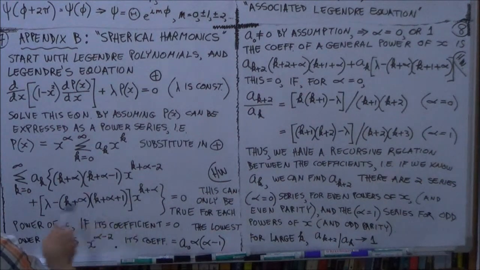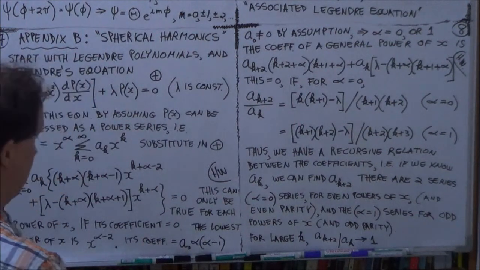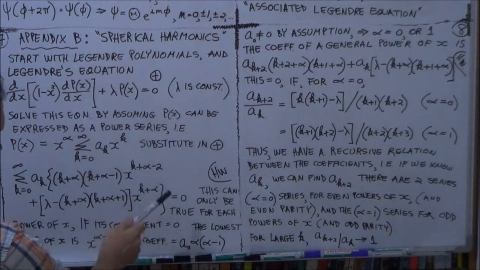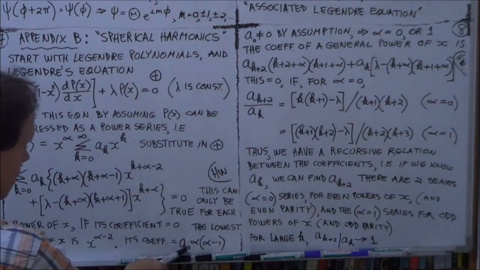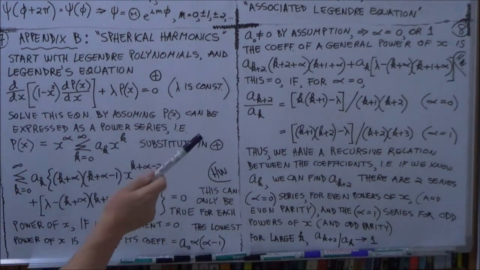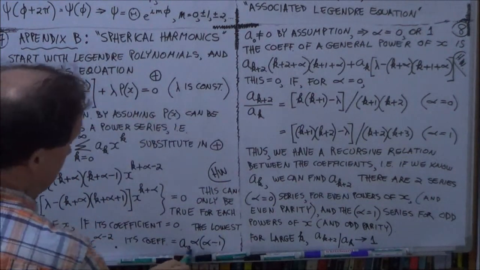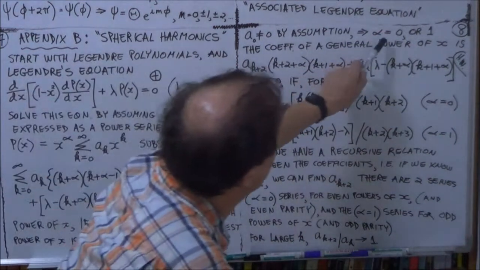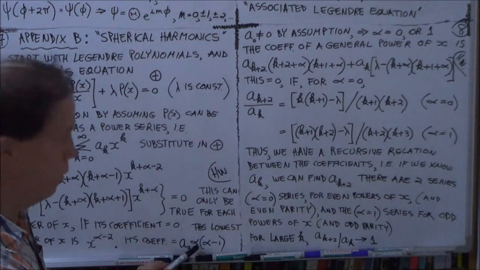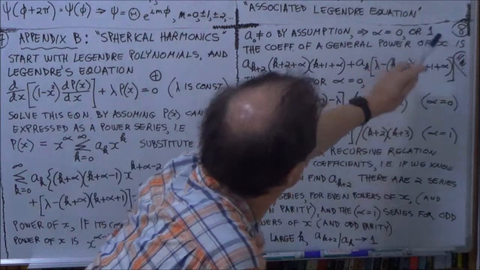So the coefficient of each power of x must be 0, and that includes the smallest power, alpha minus 2. So its coefficient, a naught alpha times alpha minus 1, must be 0. And that implies that either alpha is 0 or alpha is 1. So we know that alpha is 0 or 1.